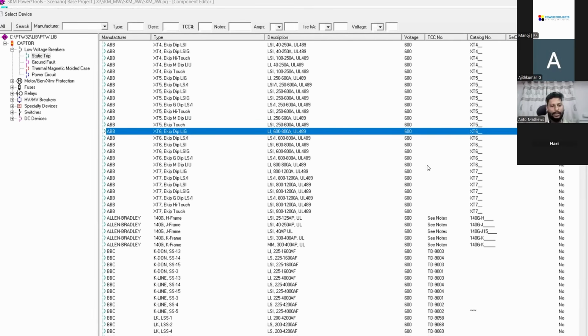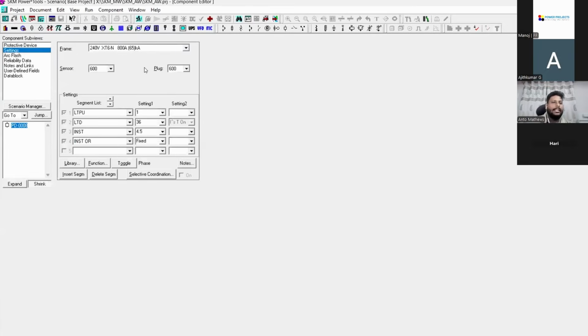It will ask for some details, so I have to select the voltage level. I will select 480 volt, which I have considered for my switchgear. The plug rating sensor is 800; I am setting plug rating 800.